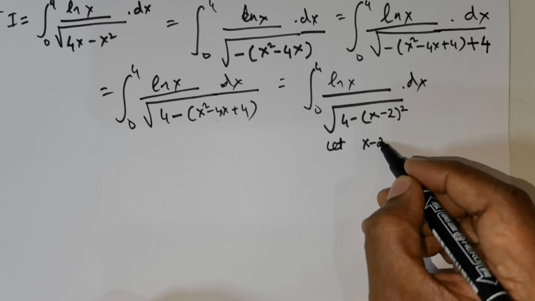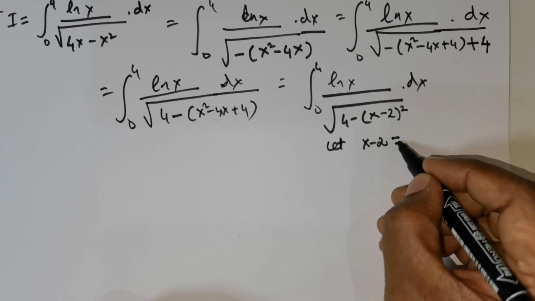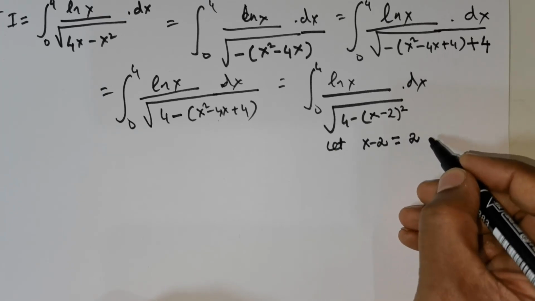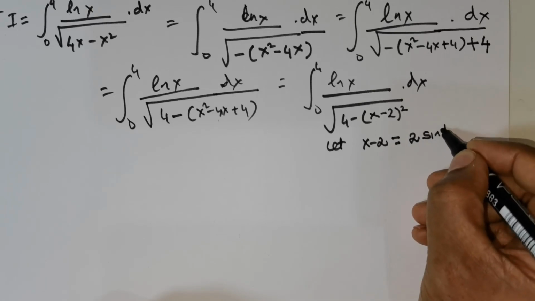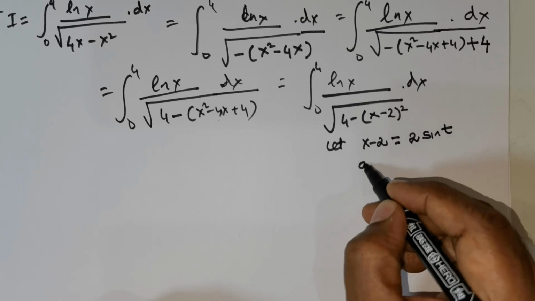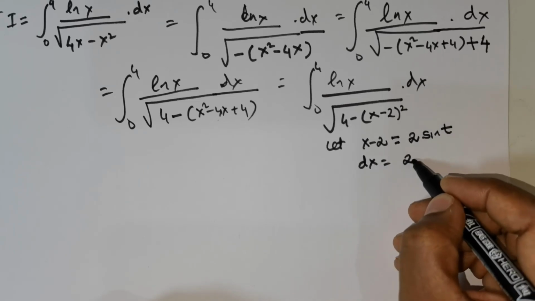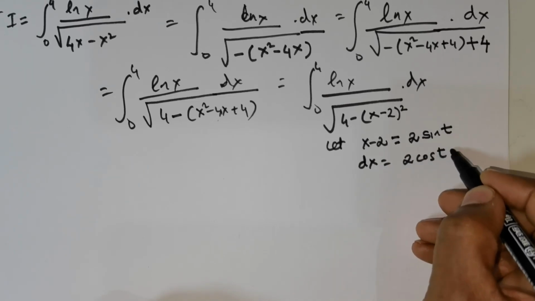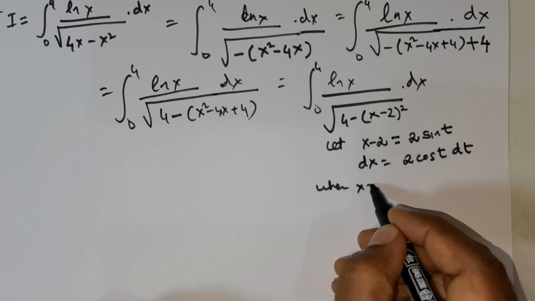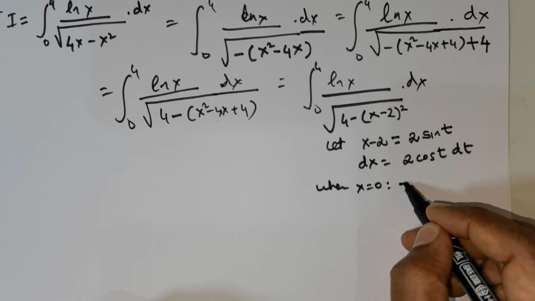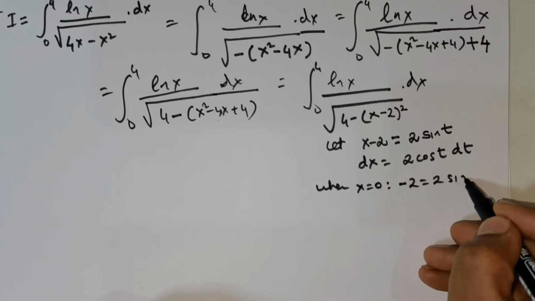Now let me make the following substitution. Let x minus 2 be equal to 2 times sine t. Differentiating this, I get dx equal to 2 times cos t times dt. When x is equal to 0, we get negative 2 equal to 2 times sine t.